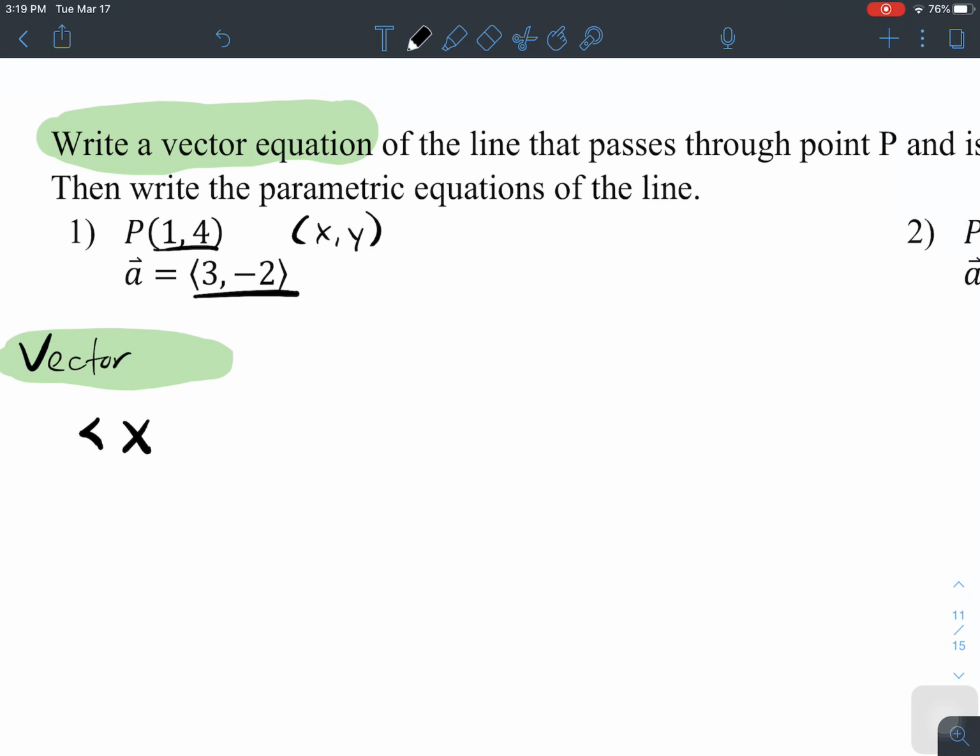So my vector equation is x2, which I don't know, minus x1, y2, which I don't know, minus y1. That would be my run and my rise for my slope. That is equal to, I know it's going to follow this vector, 3, -2, but I don't know for how long.